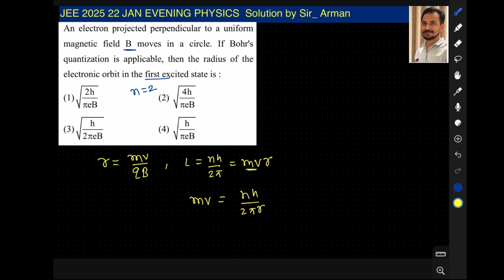Now here we have to put n equals 2, right, because it is given in the question. So here 2h by 2 pi r, so 2 and 2 will get cancelled, it is h by pi r. Put that value of mv in this equation.